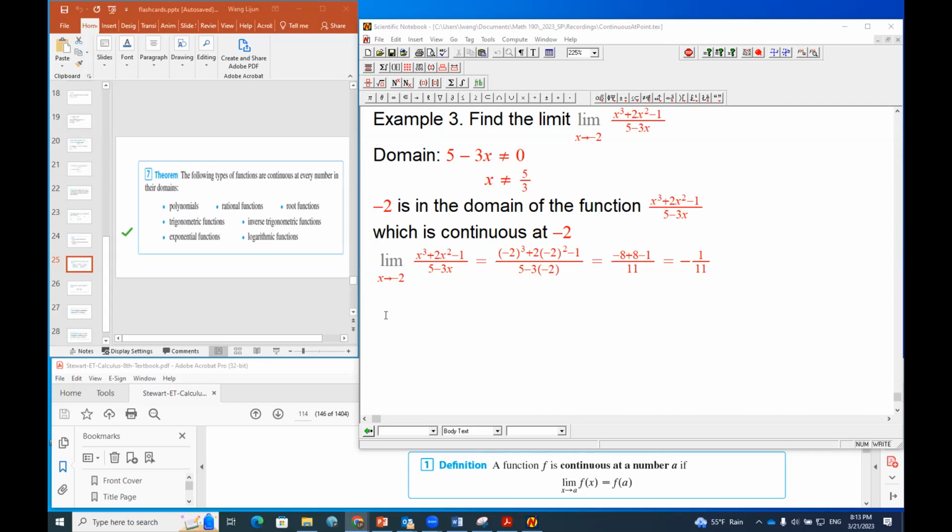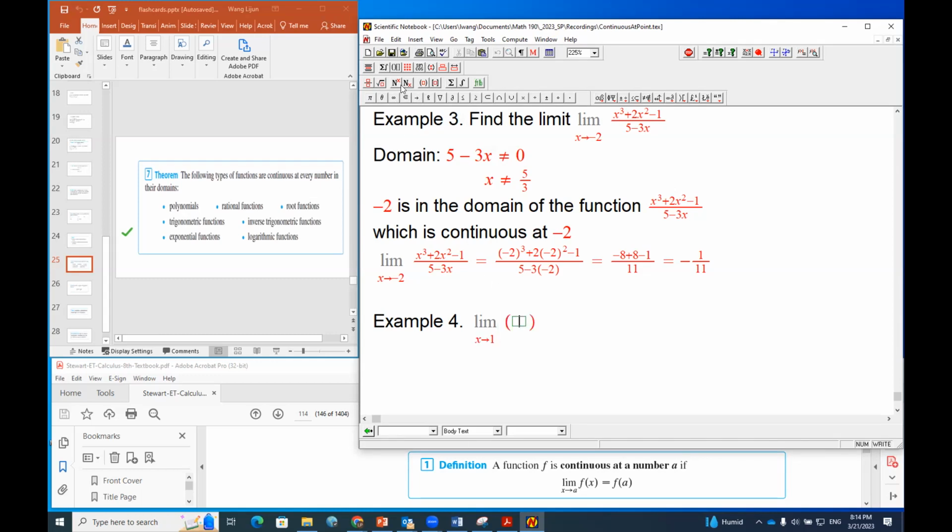Let's look at example number 4. This one is also in your homework. It asks us to evaluate this limit when x is approaching 1.